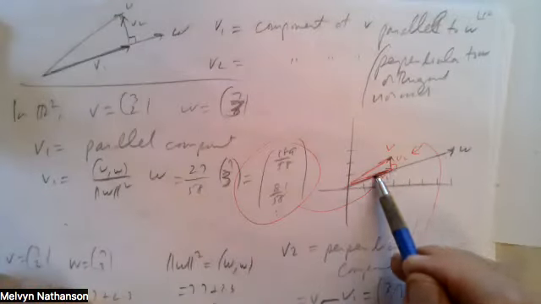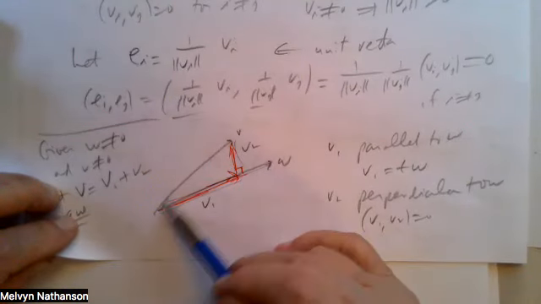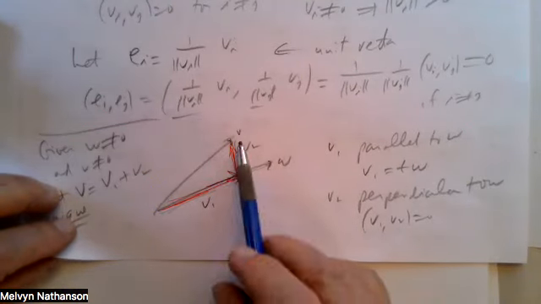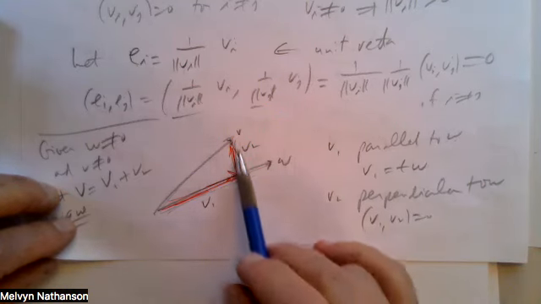What I just did before that's maybe more interesting: given a vector W and a vector V, we found the component of V in the direction of W and the component of V perpendicular to W.